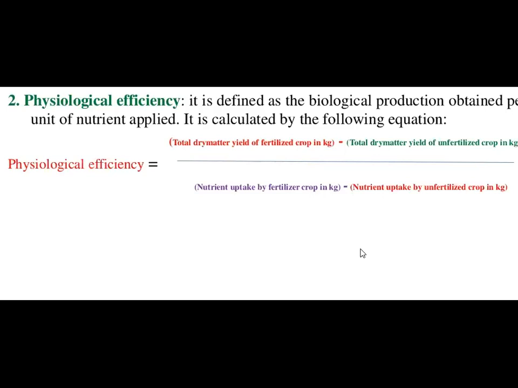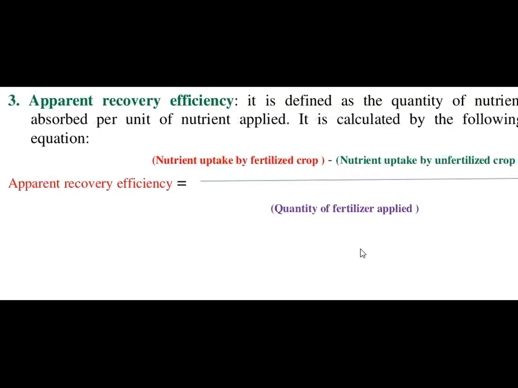Physiological efficiency is equal to total dry matter yield of fertilized crop in kilograms minus total dry matter yield of unfertilized crop in kilograms, divided by nutrient uptake by fertilized crop in kilograms minus nutrient uptake by unfertilized crop in kilograms. That is physiological efficiency.